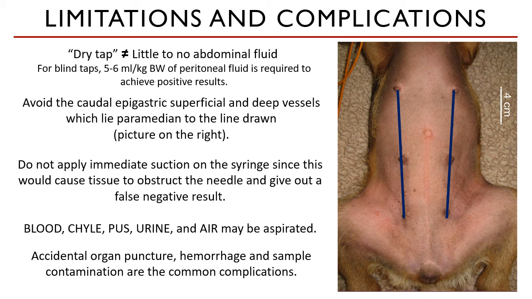Hemorrhagic effusion or hemorrhagic fluid from a pathologic condition inside will not clot. That's one way to know. It will not clot. However, blood from an accidental puncture of the spleen or of the liver or of a vessel, which is very unlikely, the blood from that will clot. So you have to check your sample if it will clot or it will not clot.